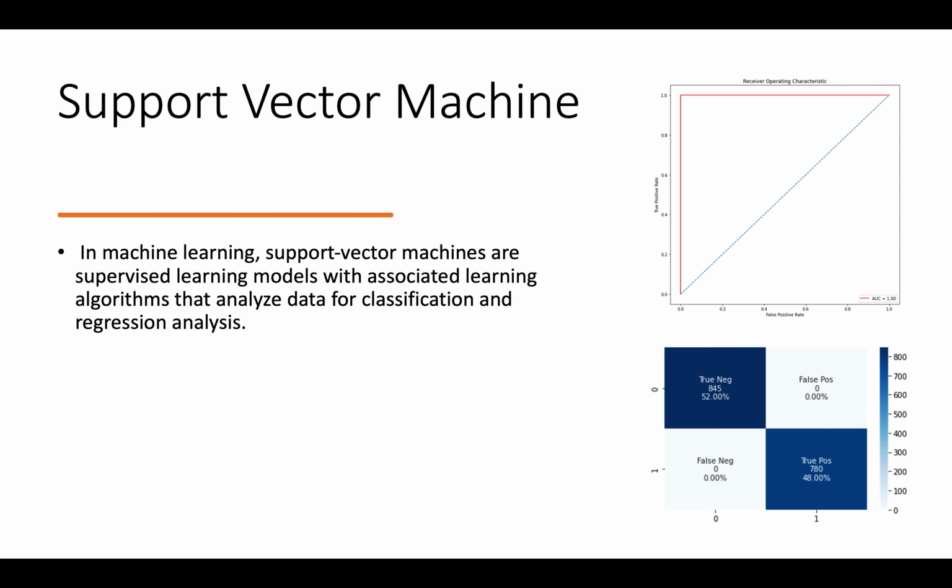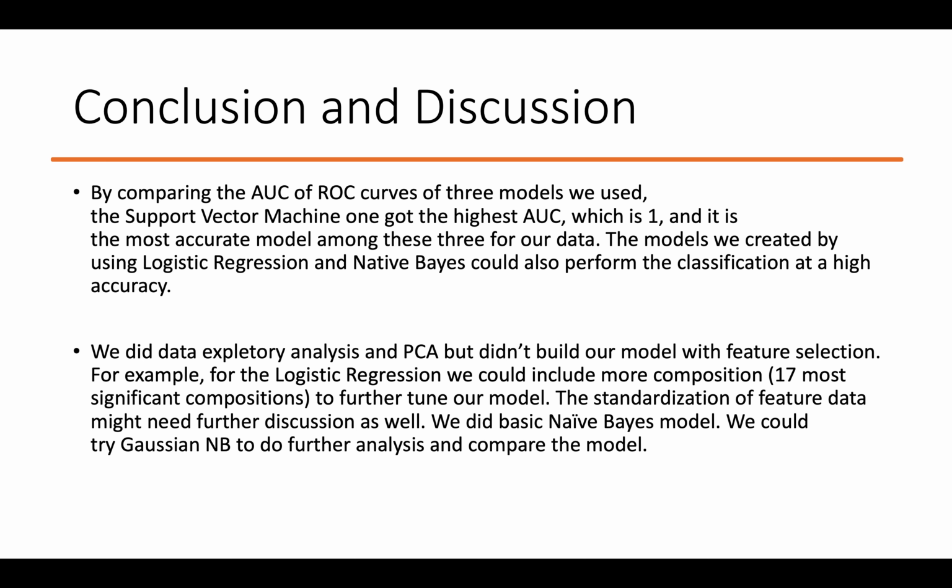It gets no false positives and no false negatives. As a conclusion, by comparing the AUC of the ROC curves of the 3 models, the support vector machine got the highest AUC, which is 1, and is the most accurate model among these 3 for our data. The models we created using logistic regression and Bayes could also perform the classification at high accuracy.